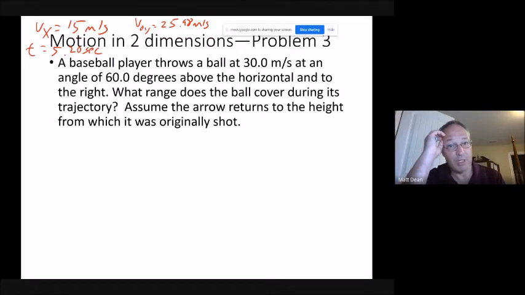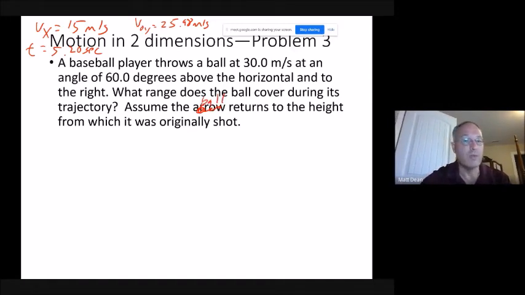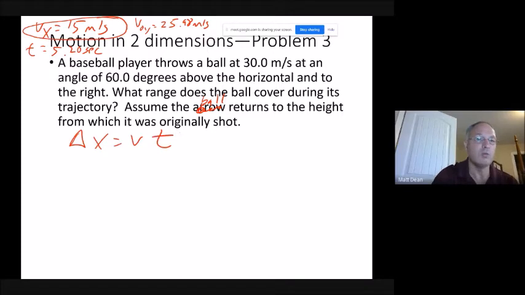So let's see what we need in problem 3. Same problem. This time we just want the range. And this should say assume the ball returns to the same height. So the range, remember, is the horizontal displacement. The ball is moving horizontally with a constant velocity of 15. When we're dealing with constant velocity problems, this is the equation we want to use. Delta x equals vt.